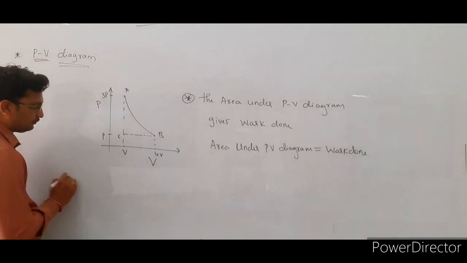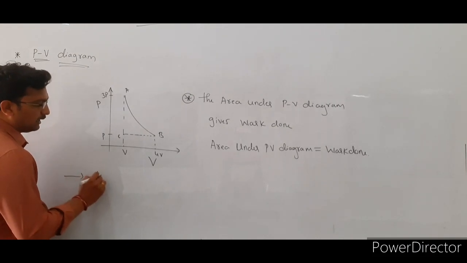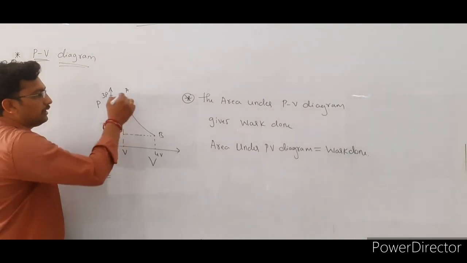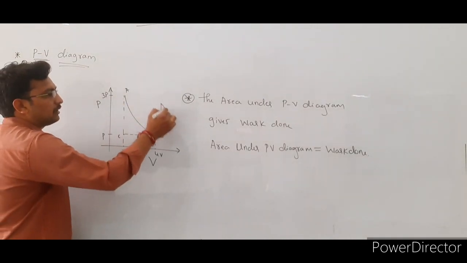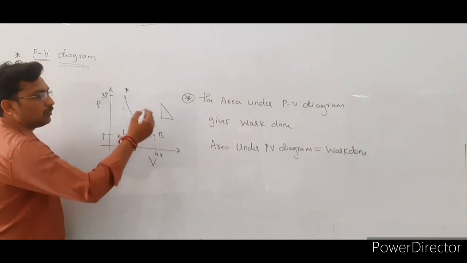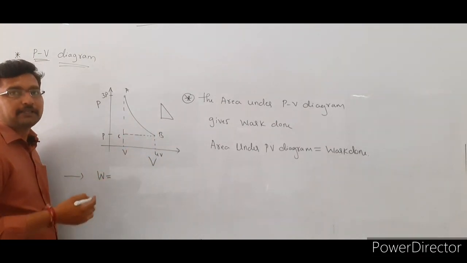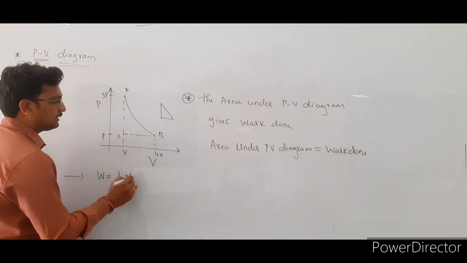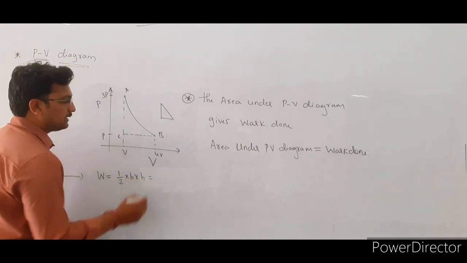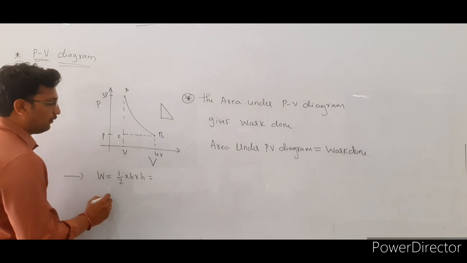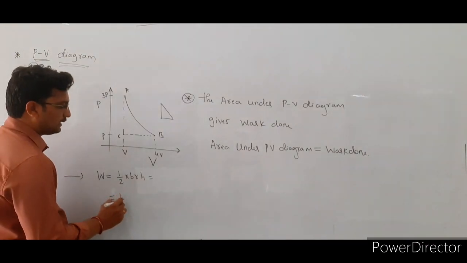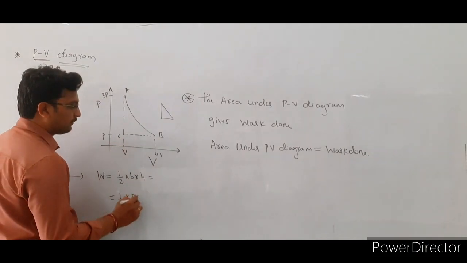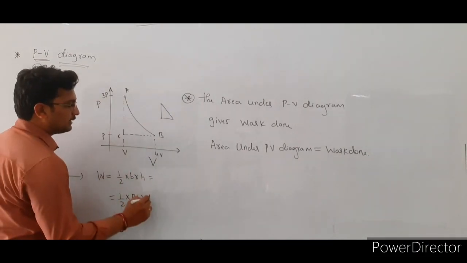Area under the PV diagram is equal to work done. It looks like a right-angled triangle here. Then what is the formula we use to calculate the area of a right-angled triangle? That is 1 by 2 base into height. So this is the formula: 1 by 2 as it is, and the base is BC, the height is AC, right?